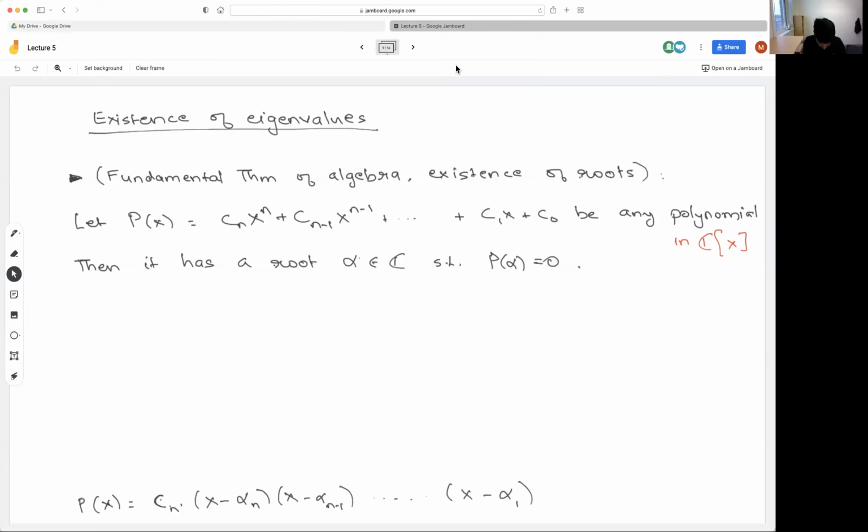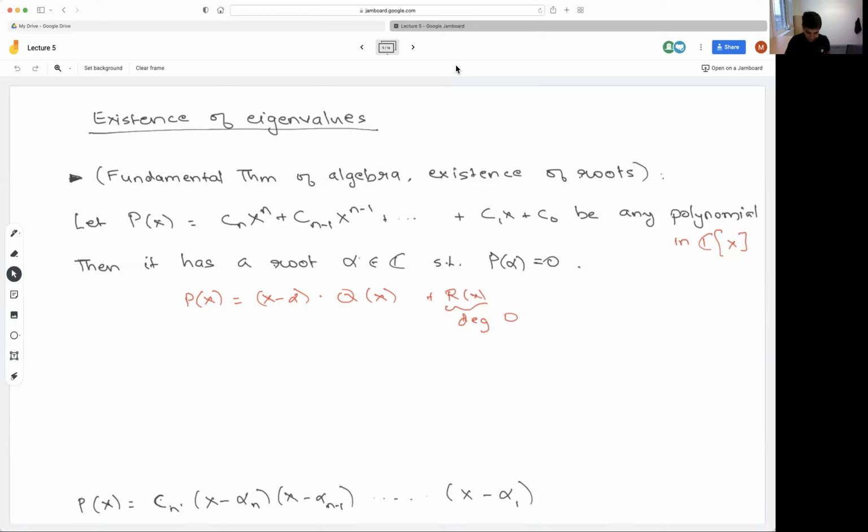So if a polynomial has one root, then P of x can be written with x minus alpha as a factor, because when you do polynomial division, dividing P of x by x minus alpha, in general you will have a remainder, which will be a degree 0 polynomial, because you divided by a degree 1 polynomial.